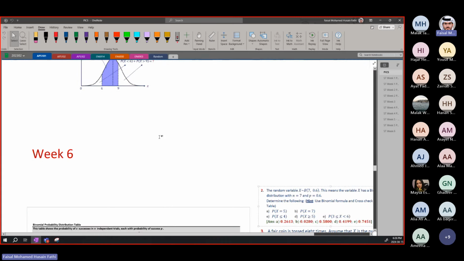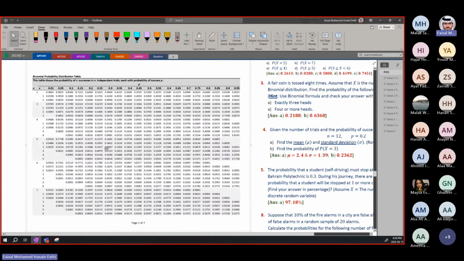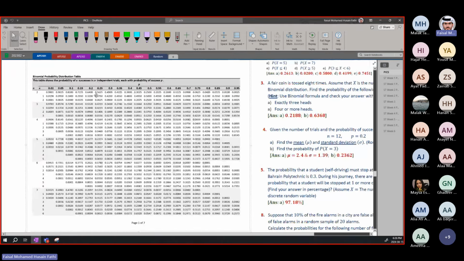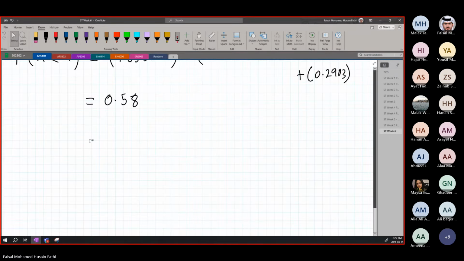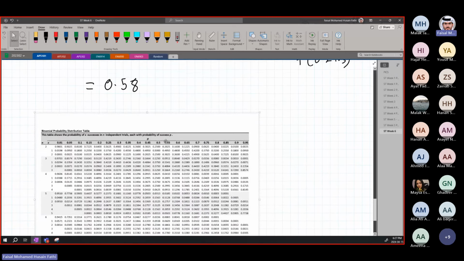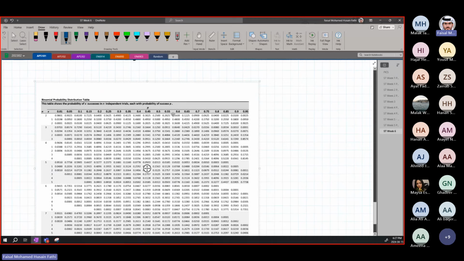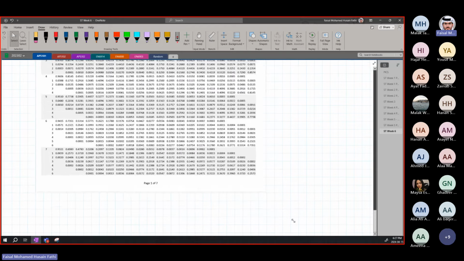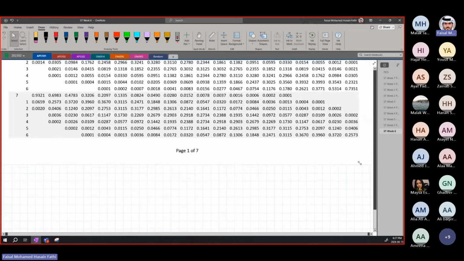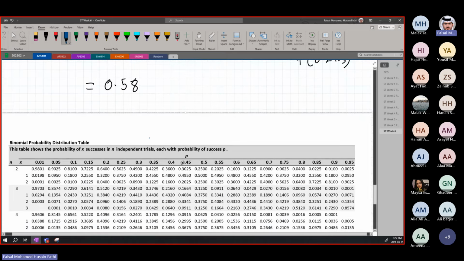So if I bring up the table of binomials, n is equal to 7 here, so we're going to use this. This is the table of your binomial probability distribution. If you notice, at the top here is your probability, your small p.